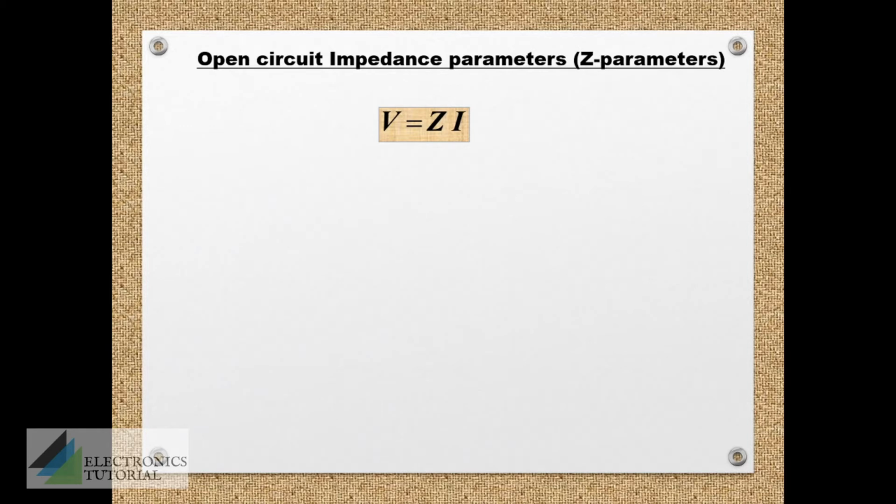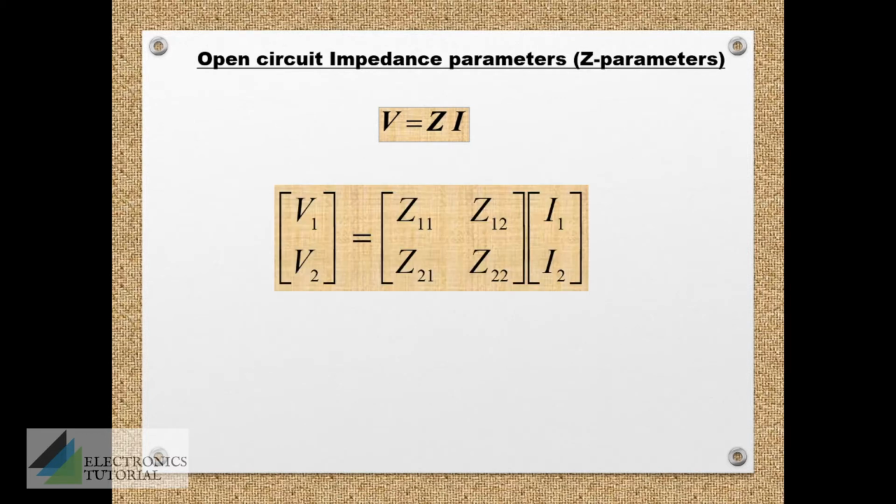We know the relation explained by Ohm's law: V is equal to IR. As we are dealing with impedance, I have written it as V is equal to Z into I. This is a matrix format representation of Ohm's law when applied to a two-port network. I repeat, V is equal to Z into I. For a two-port network, V is not a single term, but it is V1 and V2.